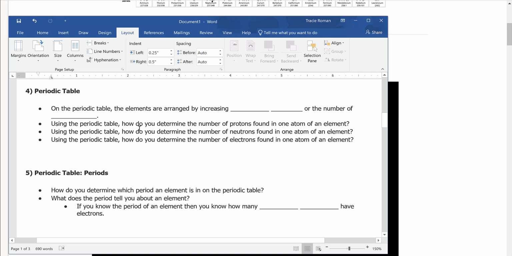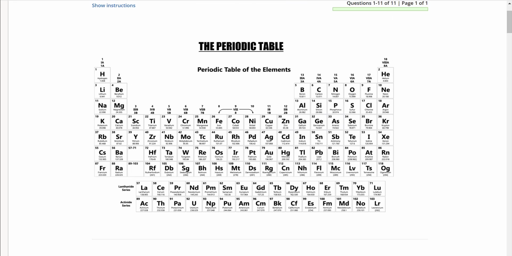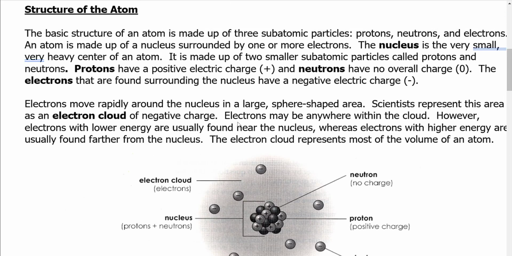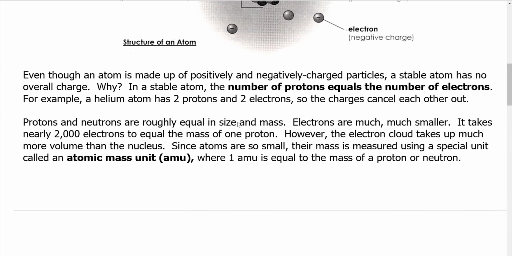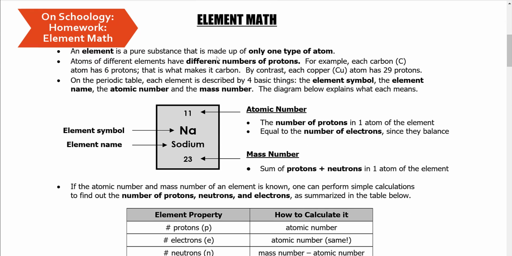On the periodic table, how do you determine the number of protons found in one atom? How do you determine the number of electrons found in one atom? And how do you determine the number of neutrons found in one atom of an element? You will use, here we go, the element math homework, which tells you how to calculate the number of protons, the number of electrons, and the number of neutrons.